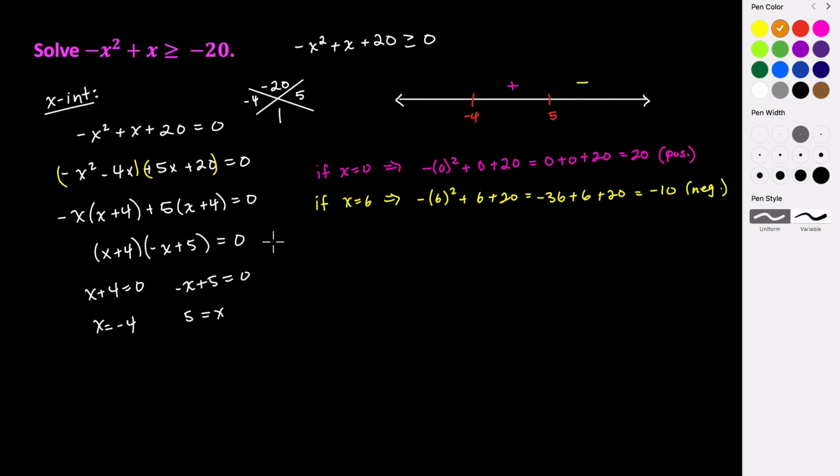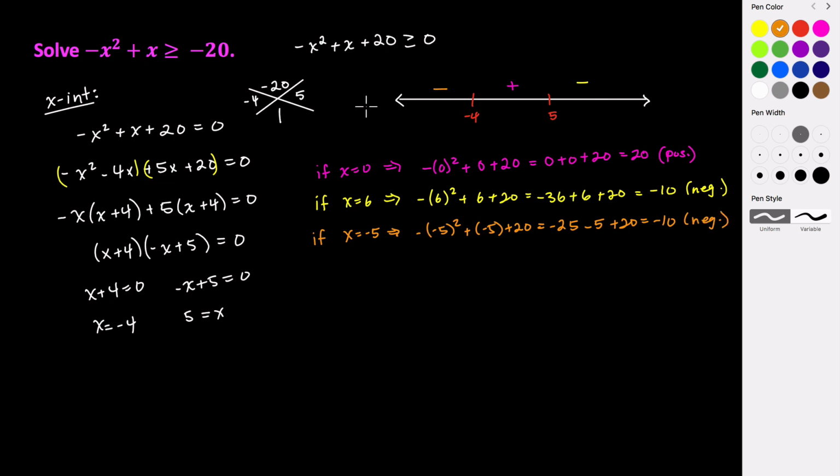And then let's pick a number less than negative 4, maybe negative 5. If x equals negative 5, what do we get? This is the opposite of negative 5 squared plus a negative 5 plus 20. Negative 5 squared is 25, but we're taking its opposite, so negative 25. Minus 5 plus 20, that's negative 30. Negative 30 plus 20 is negative 10. So again, it's negative here.